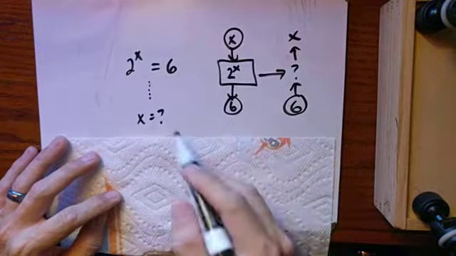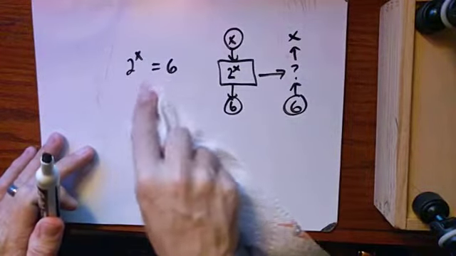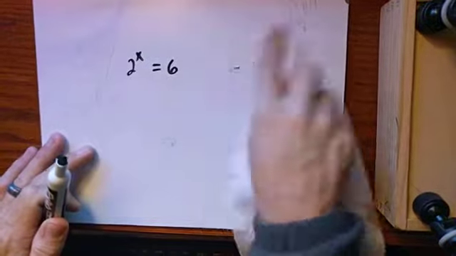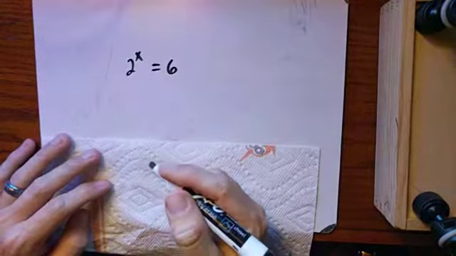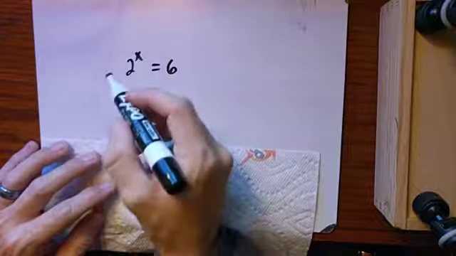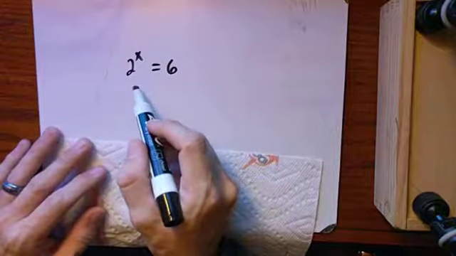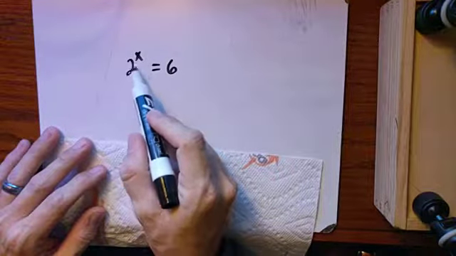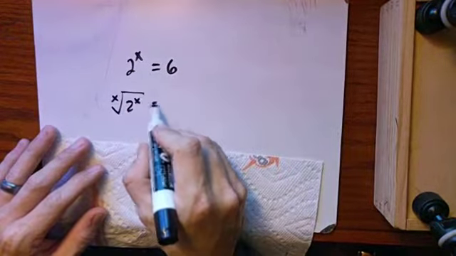So you start with 6 and you do something. When you're first presented with this question, you might say, maybe I should take the x root of both sides. You know, instead of the square root, you could do the x root. Certainly you don't want to divide by 2, because this is not 2 times x, it's 2 raised to the x. So you might say, I'll just take the x root of both sides.